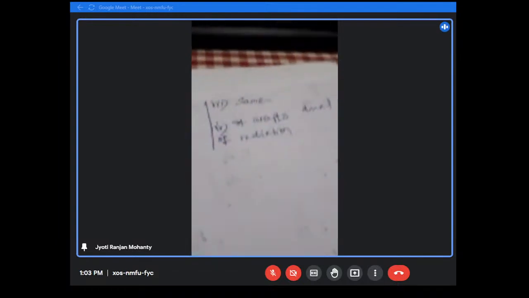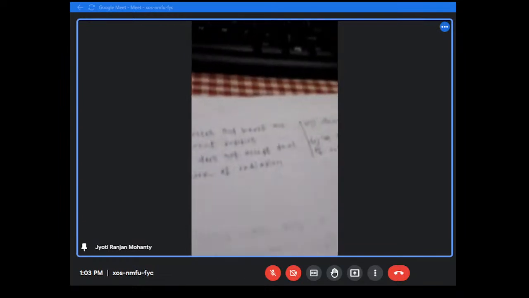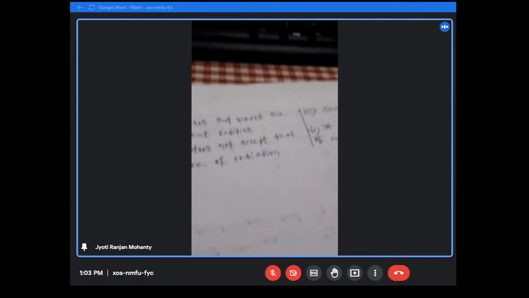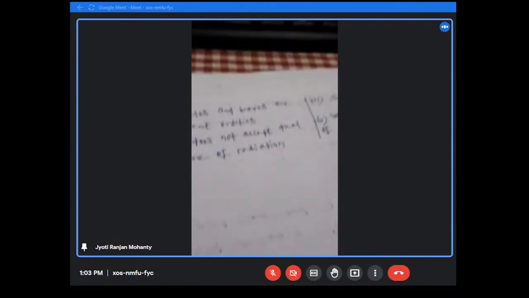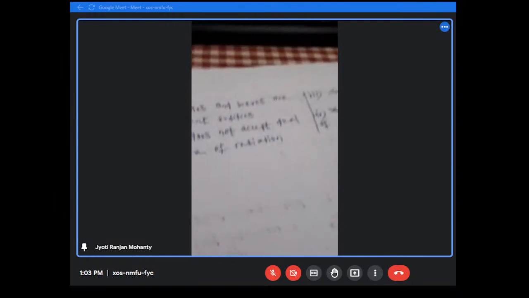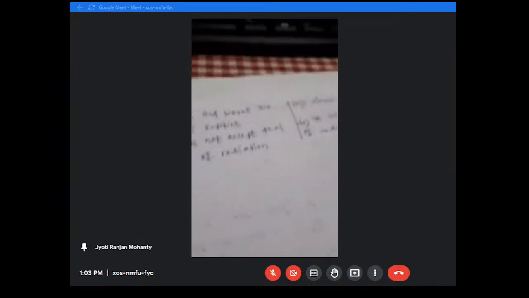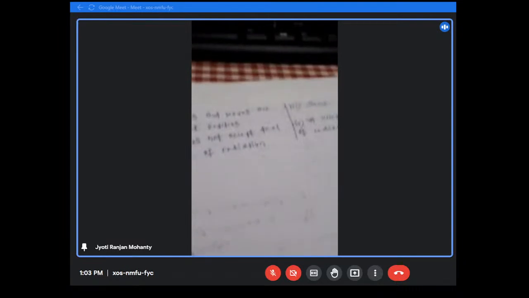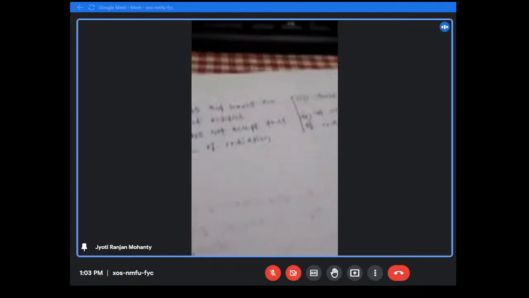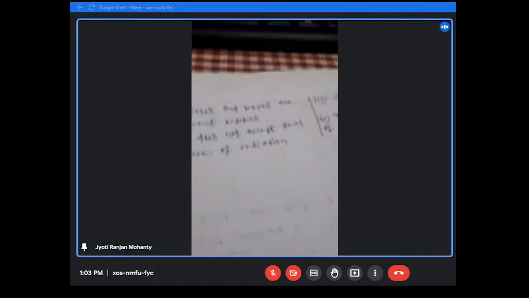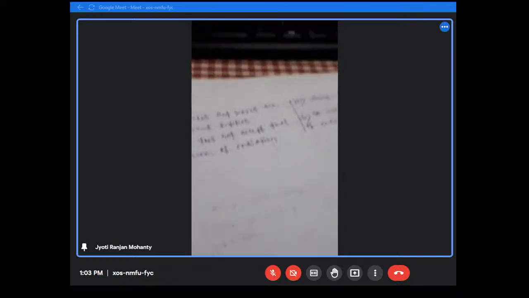So these are the 4 points you have to mention on your exam paper. Understood? So classical physics does not accept the dual nature of radiation, but quantum physics accepts the dual nature of radiation.